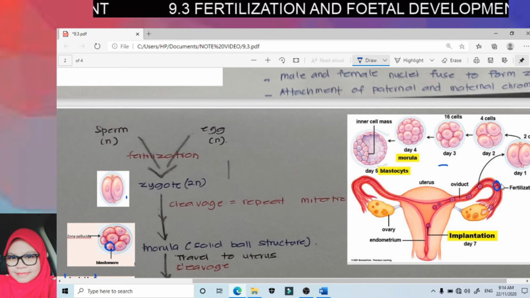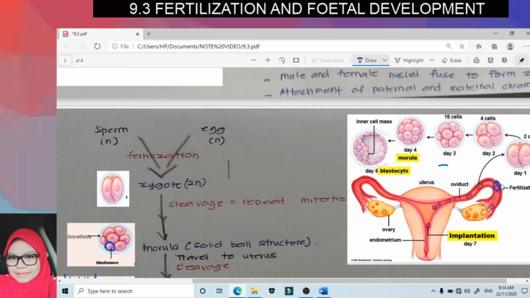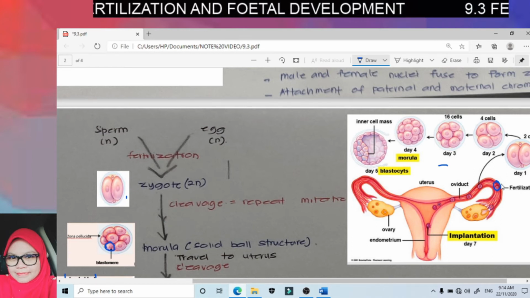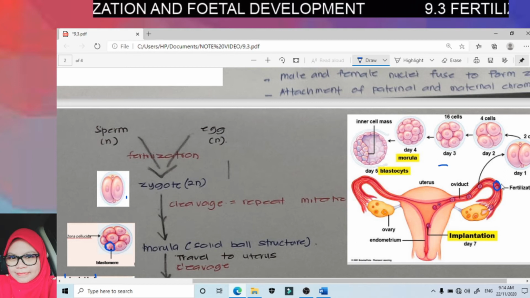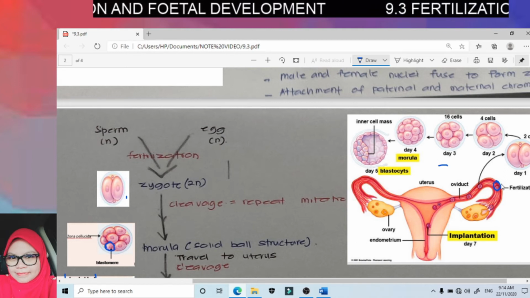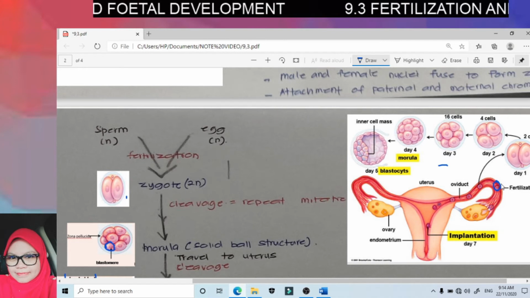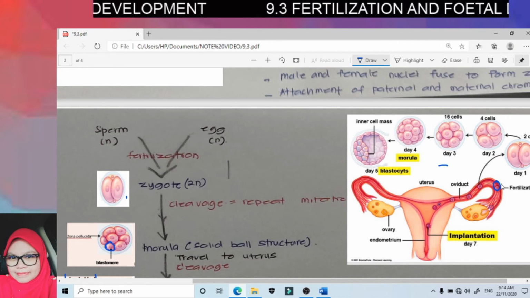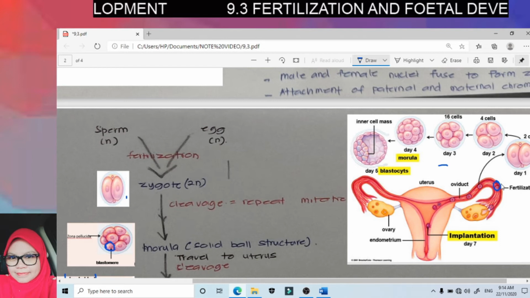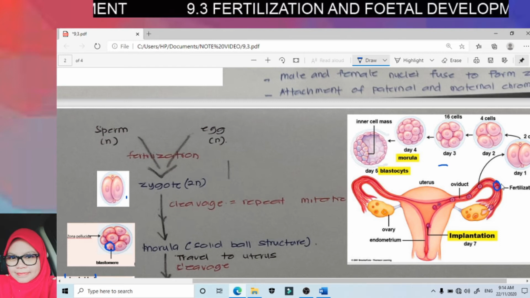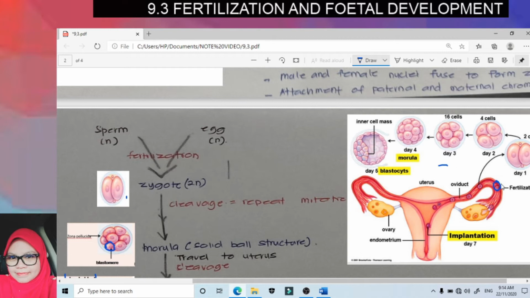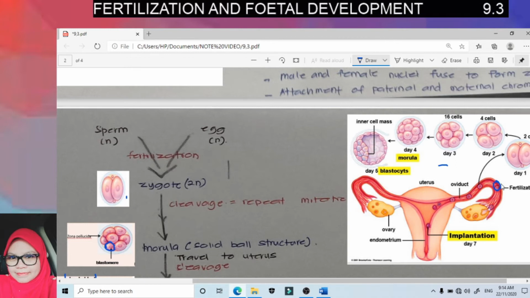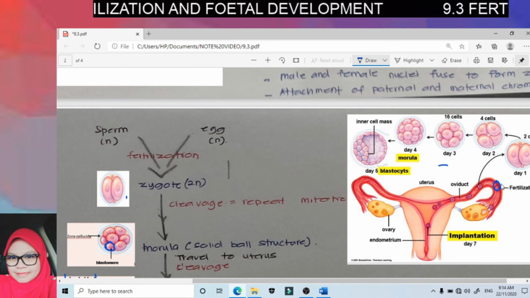Then on the first day, the zygote undergoes cleavage to form 2 cells, on the second day 4 cells, on the third day 16 cells, and then a solid ball structure. On day 4 it undergoes cleavage again to form the morula, and on day 5 the morula continues cleavage and forms the blastocyst.